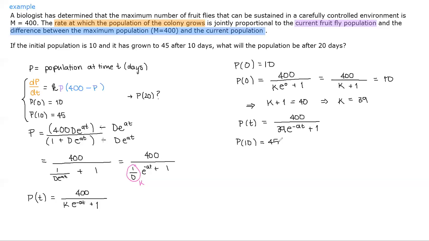I can plug in 10, and I will get that P of 10 is equal to 400 over 39 e to the minus a times 10, so minus 10a, plus 1. This is an a. And this is equal to 45.